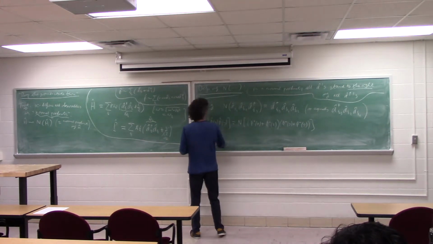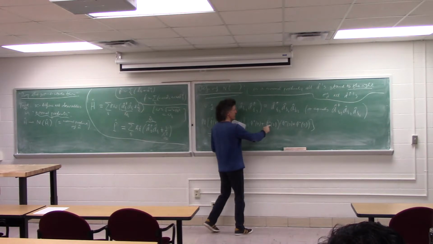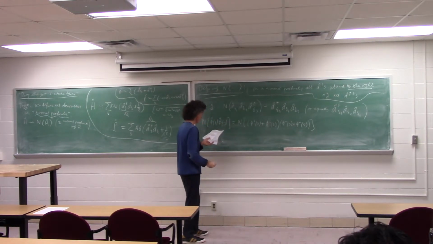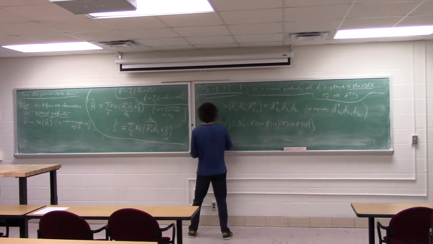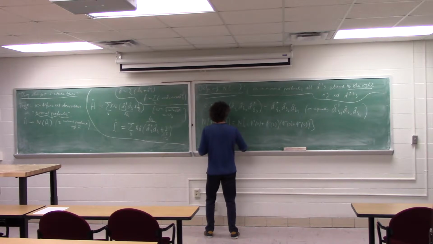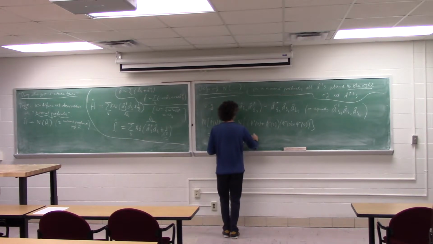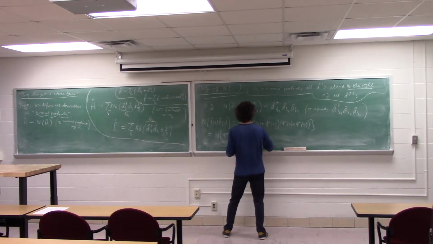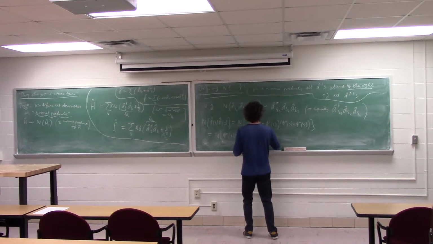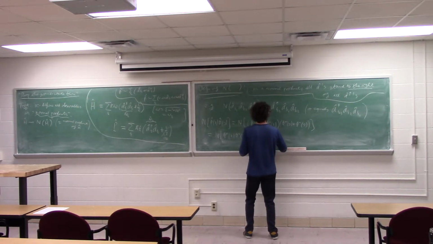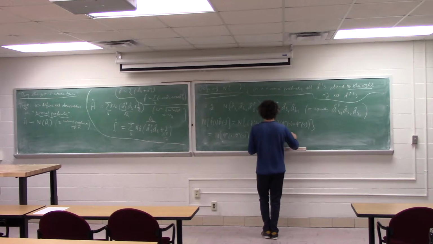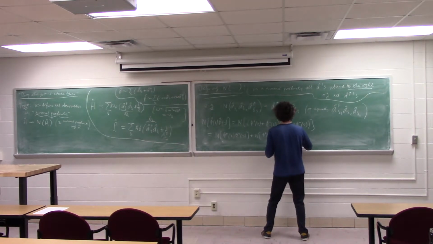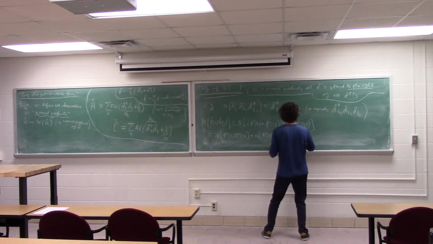Remember, the positive frequency parts contain A's, the negative frequency parts contain A daggers. So this is a normal product of phi plus of x, phi plus of y, plus a normal product of phi plus of x, phi minus of y, and so on, just multiplying out the two brackets.